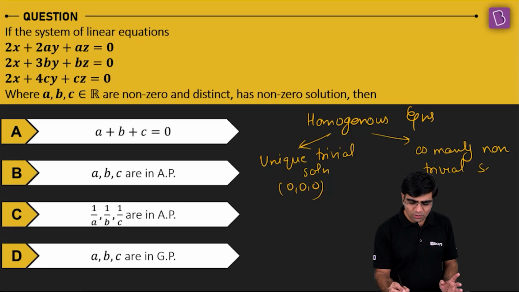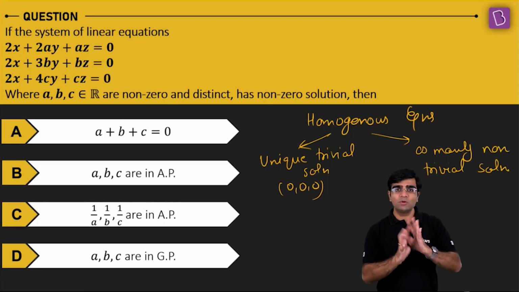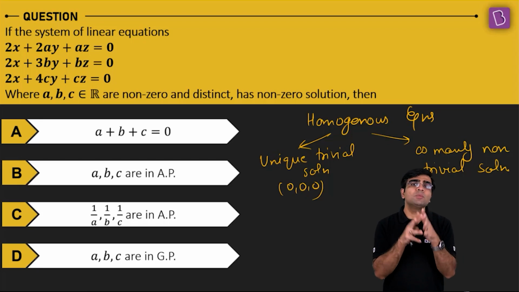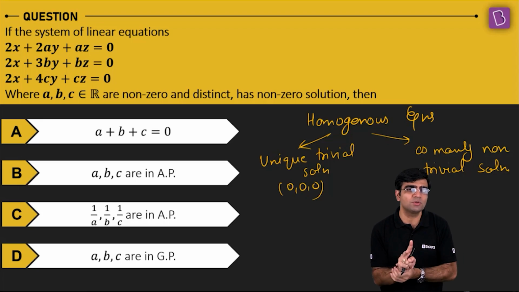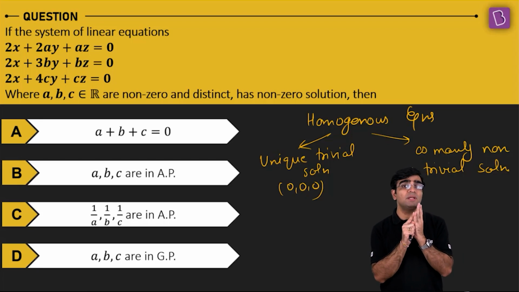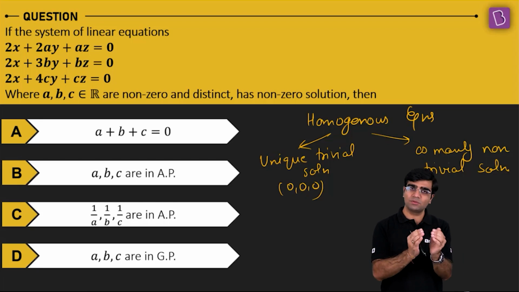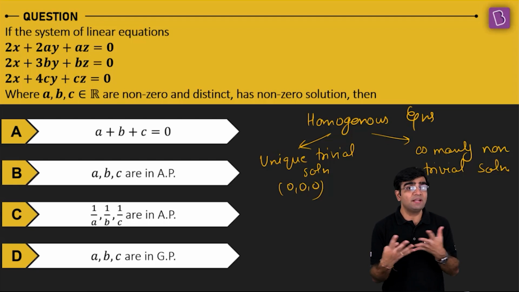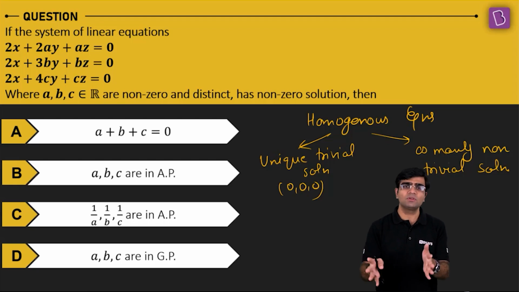You call it non-trivial or non-zero, doesn't matter. Only two types of categories. So a homogeneous system of equations can have only two types of solution. Either it will have only a unique trivial solution, that is 0, 0, 0, or you can have the other type of solution as infinitely many non-zero solutions along with 0, 0, 0.